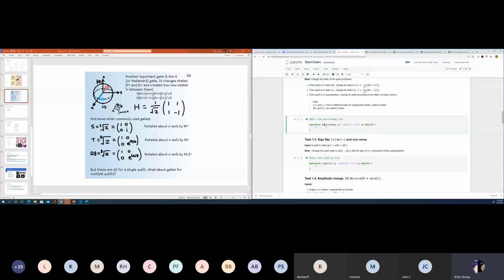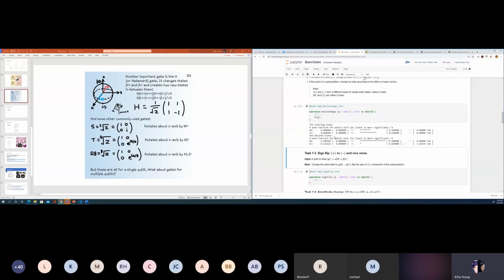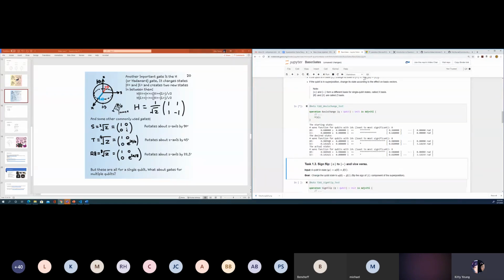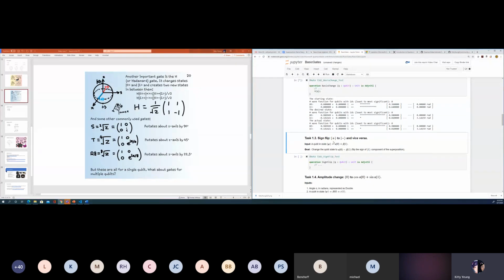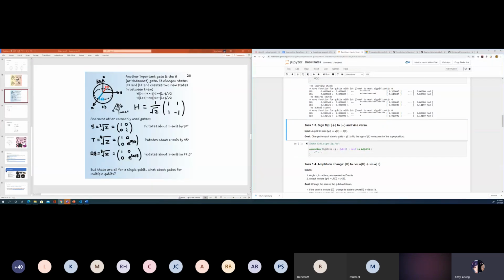All you need to do is apply a Hadamard gate onto your qubit. You'll see that it puts you into a state that's in between 0 and 1. If you calculate 1 over square root of 2, you see the number.